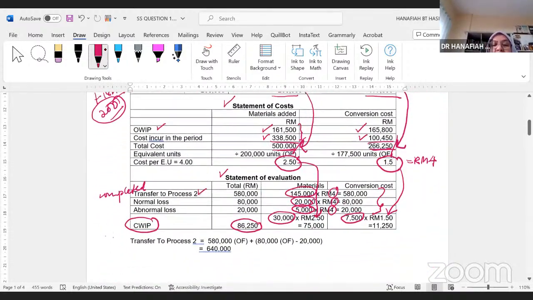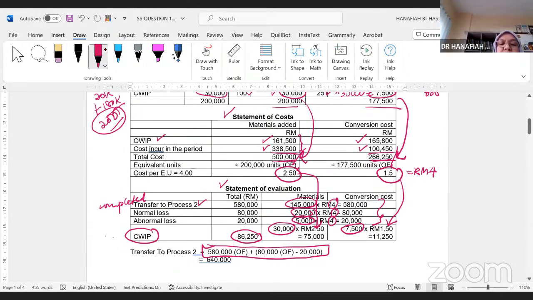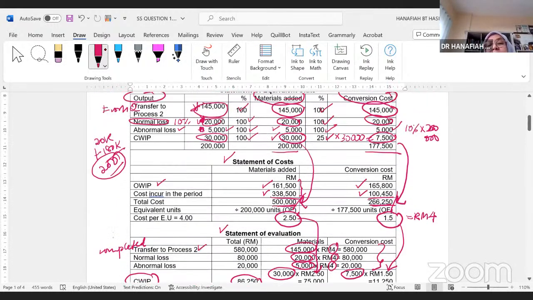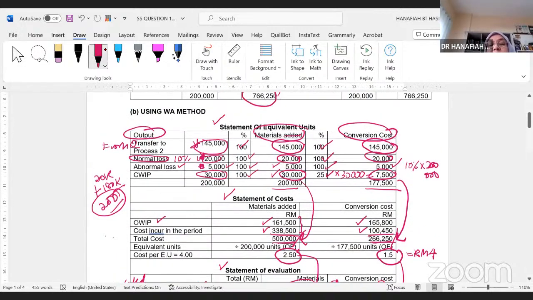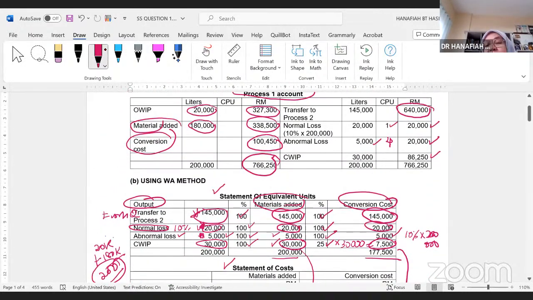This is where I show the amount for you to get to the figure to transfer to process 2. Looks simple, but you have meticulous work that you need to do, and process costing needs you to do it step by step.